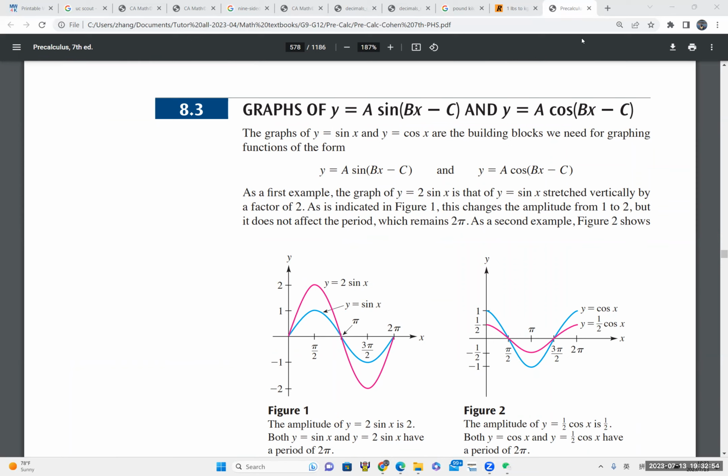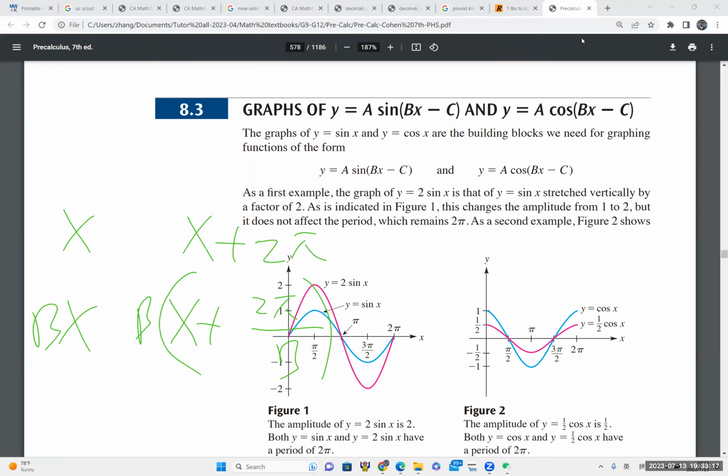That means it repeats, right? So if it's just x, then we need x plus 2 pi. But if it's bx, then we just need to add 2 pi over b, because this will multiply by b.